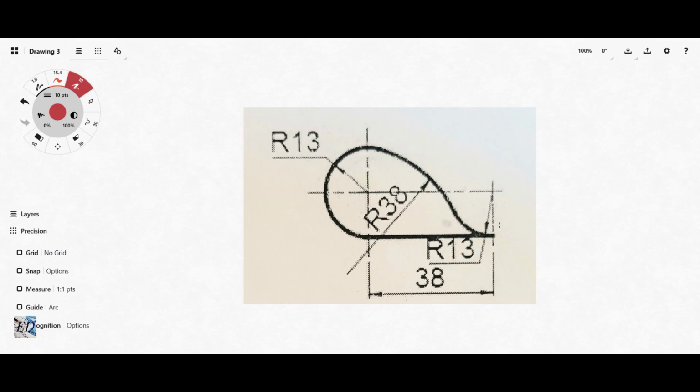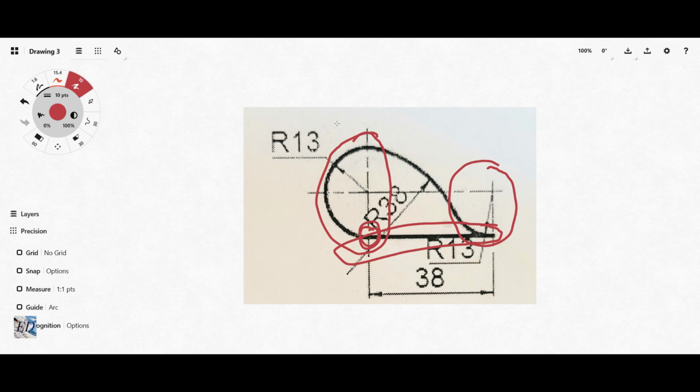So if you take a look here, we have a straight line which has a distance of 38 millimeters. Then we've got an arc or a circle of radius 13 here. It touches the line at exactly 1 point here, and on the other end of the line we have another arc that has a radius of 13 millimeters as well.